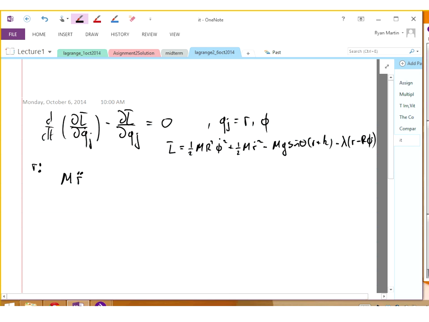Alright, so for the terms that depend on r, I have to do a minus then, so I'm going to have a plus mg sin theta, and the r is the first power, so it drops, and then plus ∂/∂r of lambda r, which just gives me lambda. And so that's got to equal 0.